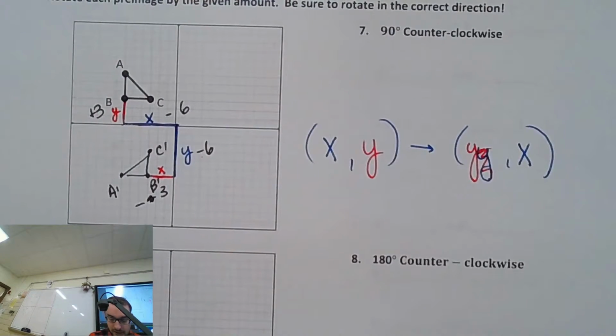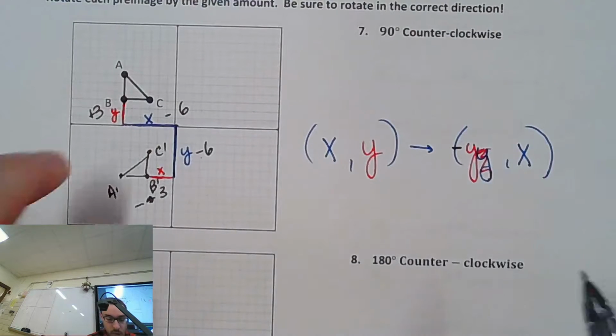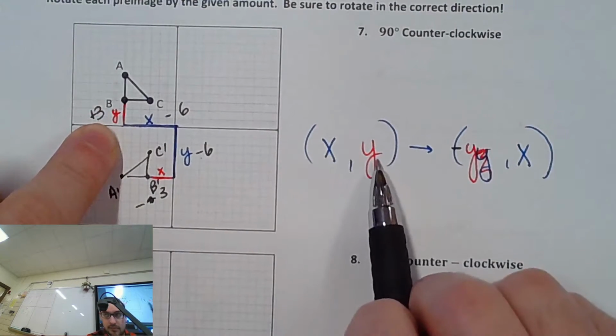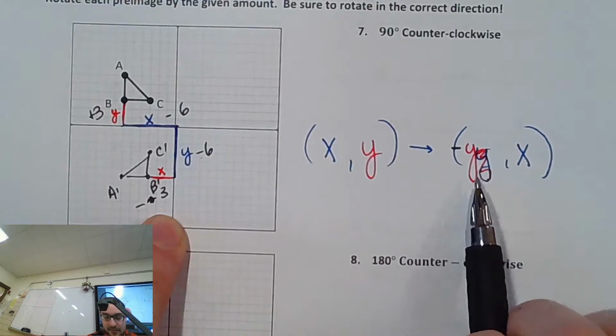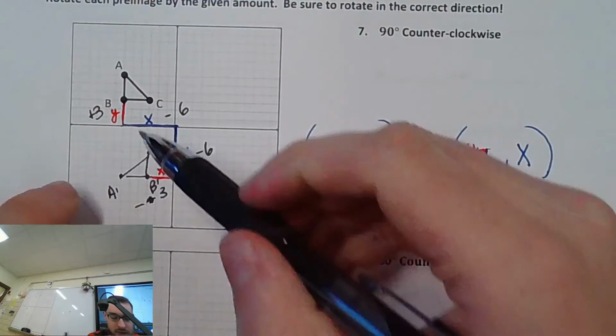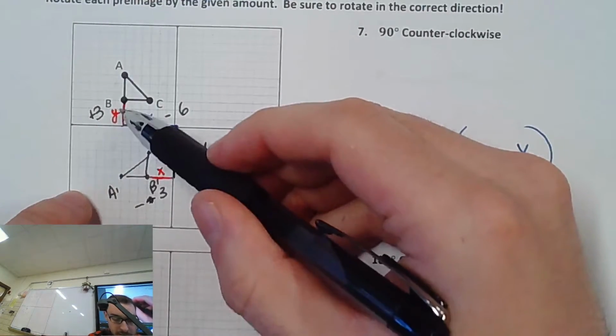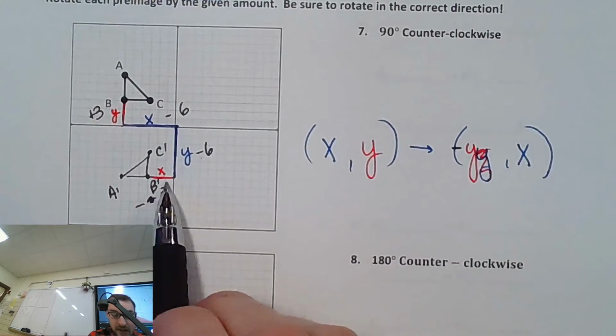So our negative is going to occur here. What once was positive is now down here in negative. It's in the x's spot, but it's negated. What once was vertical and going upward is now horizontal, so they switch spots, and now it's going to the left, so negative.